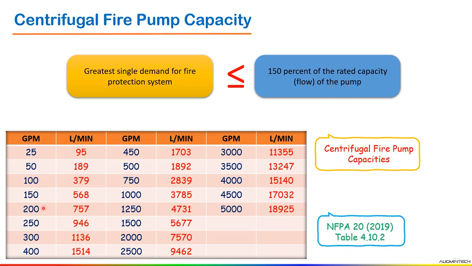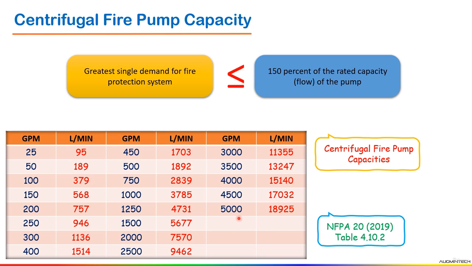This table which I have shown you, I have taken from NFPA 20, 2019 version, table number 4.10.2. When you go there you get this table. Remember, suppose my question is, if my capacity is over 5000 gpm, so what happens?